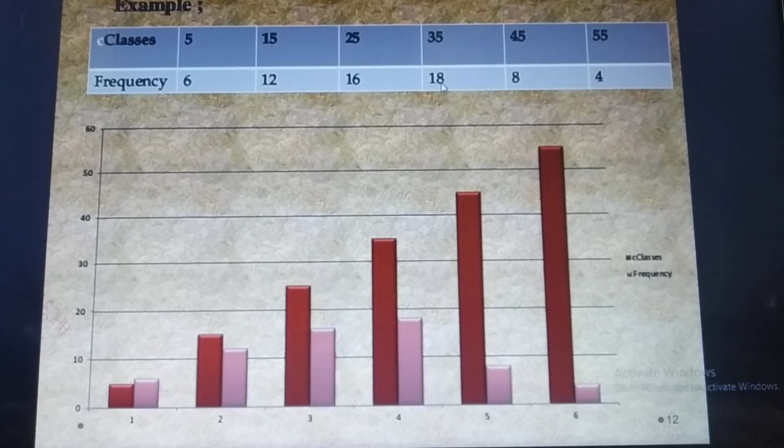Next 35, 18. 45, 8. Because it is a multiple bar diagram, closed columns are involved.